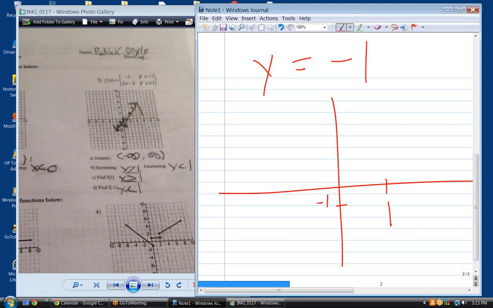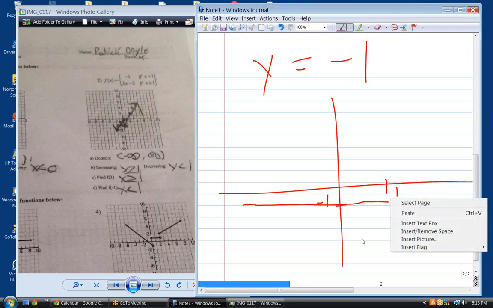It's a horizontal line that stops where? At 1. Closed dot or open dot? Yeah, closed. Less than 1 only. Whenever you see a less than or a greater than, that's an open dot. To get a closed dot, it's got to be less than or equal to, or greater than or equal to.